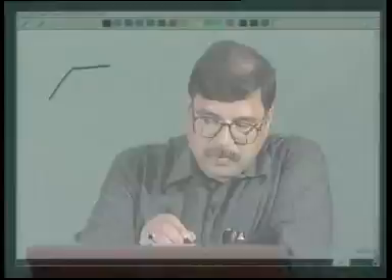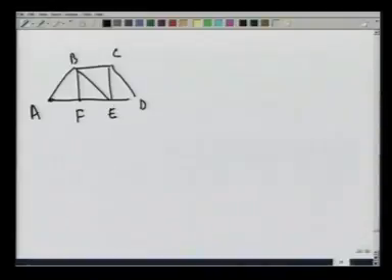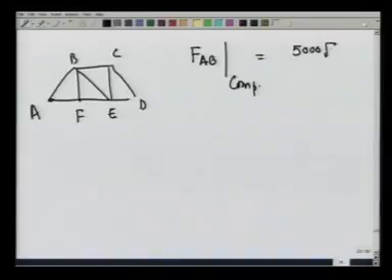So, let us first write the forces that we have determined so far. We have determined FAB, and FAB was a compressive force, and its magnitude was 5000 root 2 over 3 newtons.